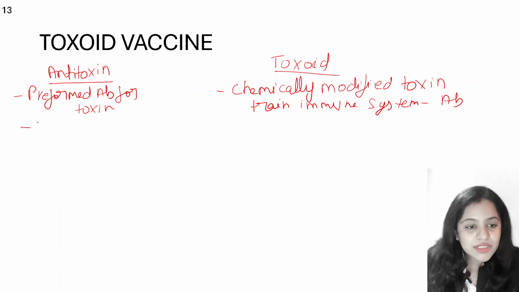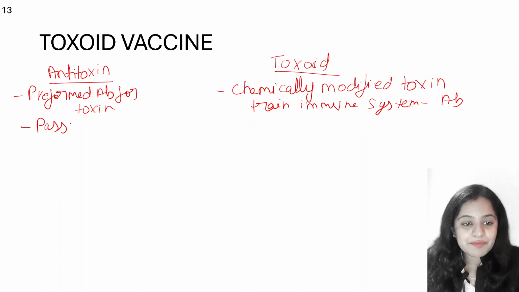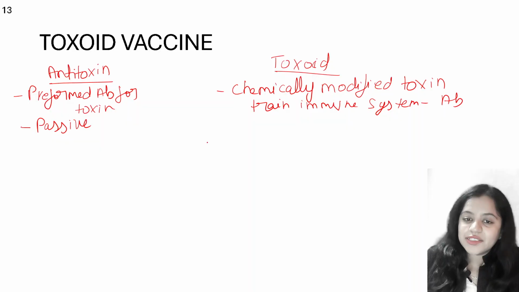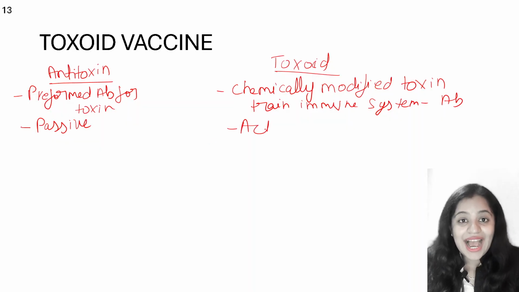So this one, antitoxin, is an example of passive immunity. This one, toxoid, is an example of your active immunity.